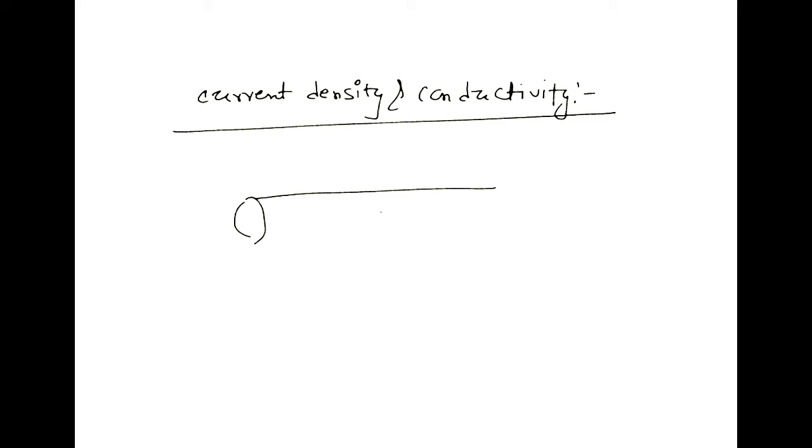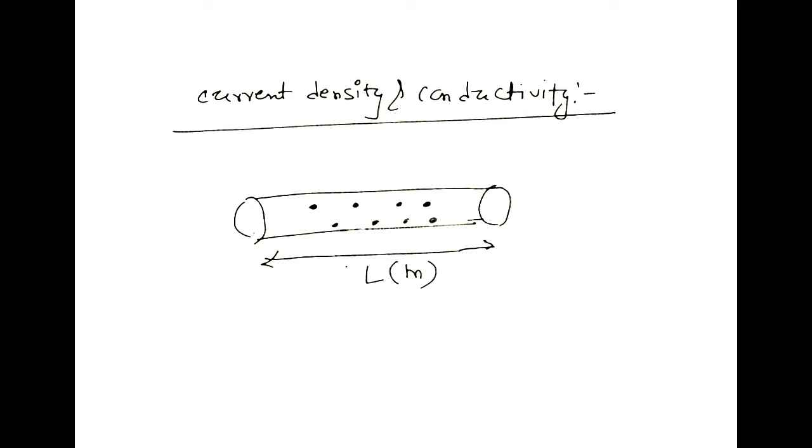Suppose I am considering a material of length L meters, which has a large number of free electrons, with cross-sectional area A meter square.